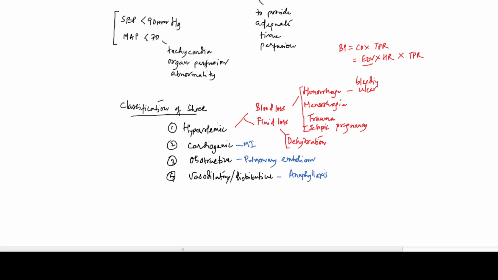Okay. So as we alluded to earlier, the most important and most common one is hypovolemic shock. So as far as this chapter is concerned, we would be more concerned about the drugs which are used to treat hypovolemic shock. Okay. So how do we treat?